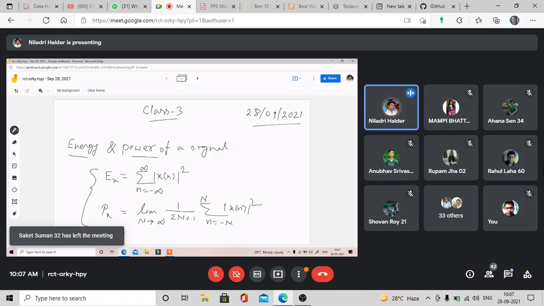Using these two formulas you can calculate the energy and the power of a signal. Now depending on the result of these two formulas you can decide whether the signal is an energy signal or a power signal or none of it.